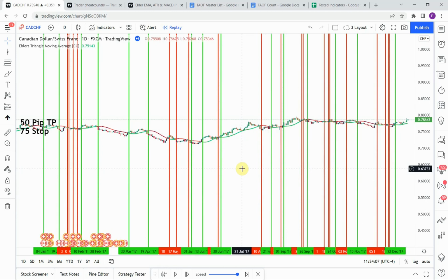So we are still on the hunt for that elusive unicorn moving average indicator that gives us a really, really good win rate.